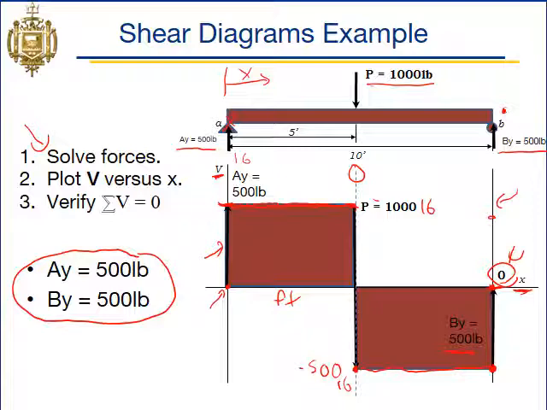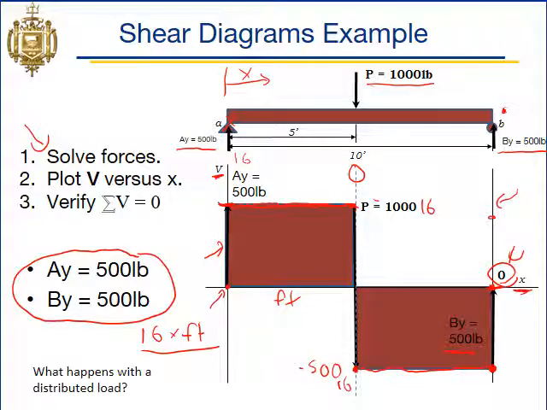If we were to multiply those together, the y-axis in pounds times our x-axis in feet, does that look like units of a moment? If you answered yes, you are correct. So the area under the curve is actually going to indicate to us what our internal moment is along the beam in any section. We'll see that process in the next slide here.